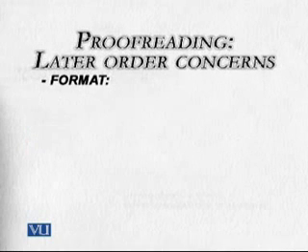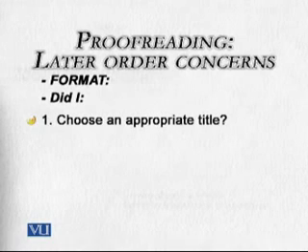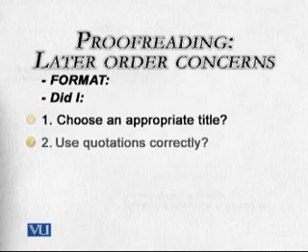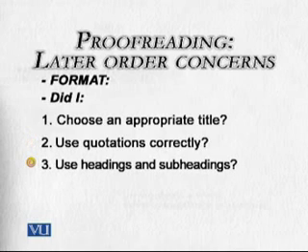The second one is format. Ask yourself these 6 questions. Number 1, did I choose an appropriate title? The title of your writing has to be very appropriate. Number 2, did I use quotations correctly? I mean, if you are quoting someone, make sure that you quote his words very carefully. Number 3, did I use headings and subheadings?